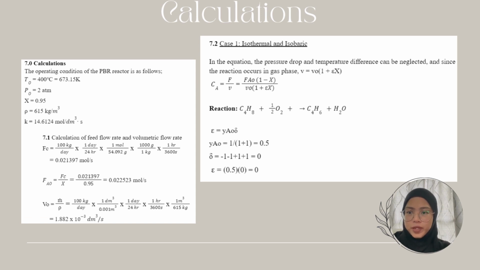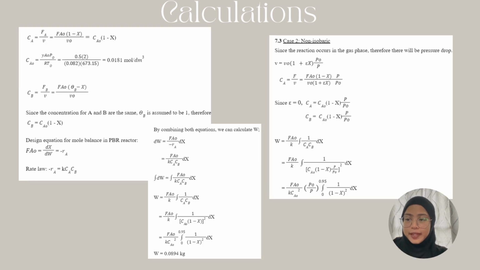In case 1, due to the gas phase of the reaction, V is equal to V0 (1 plus epsilon X). Therefore, we can substitute into the equation of CA. Calculating epsilon, we obtain the value of 0. Then, after substituting epsilon equals 0 into the equation, we obtain CA equals CA0 (1 minus X).